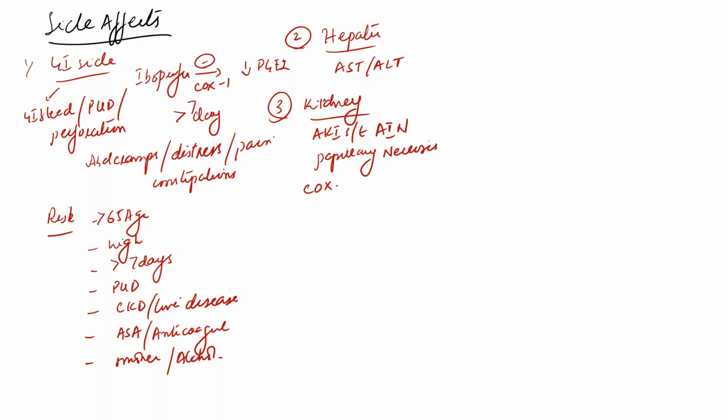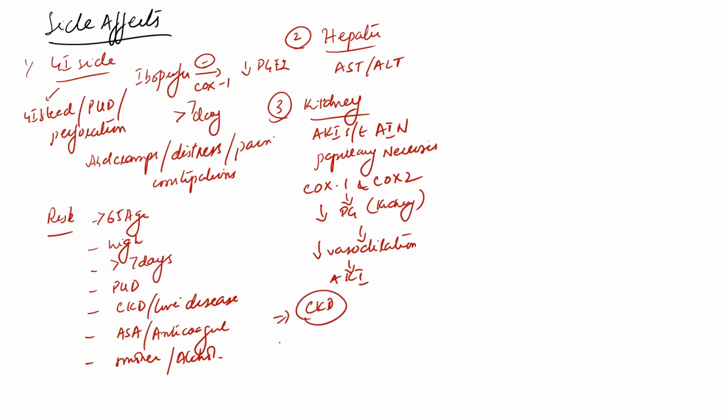It inhibits COX-1 and COX-2, which results in decreased production of prostaglandin in the kidney, which will decrease vasodilation in the kidney, resulting in AKI. The patients who are at risk, who have CKD or are greater than 65 years of age, are at risk of developing kidney disease from ibuprofen.